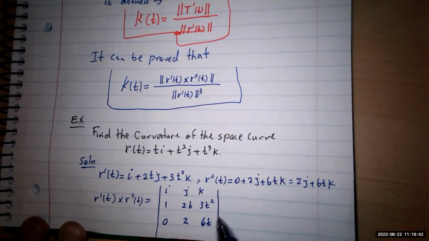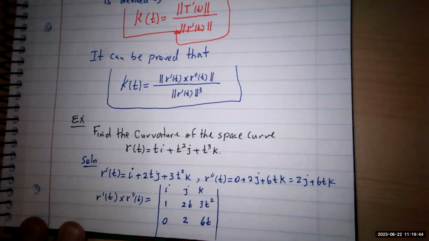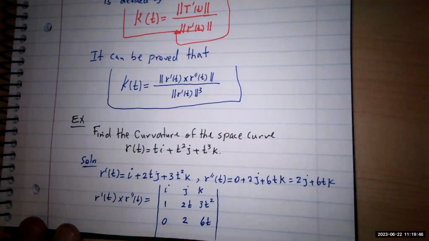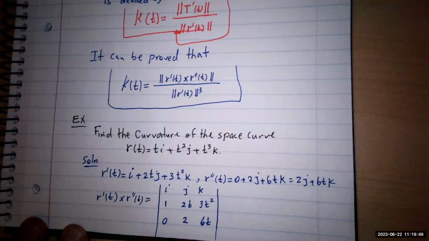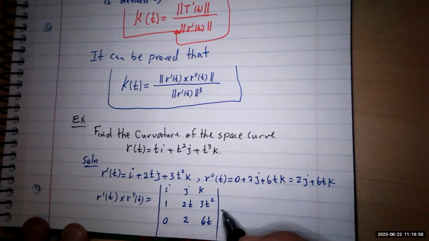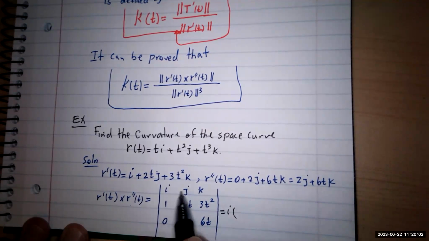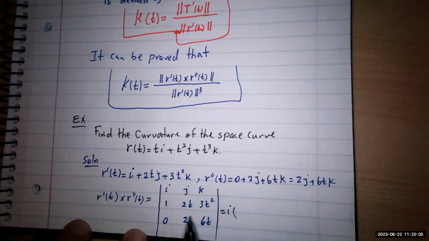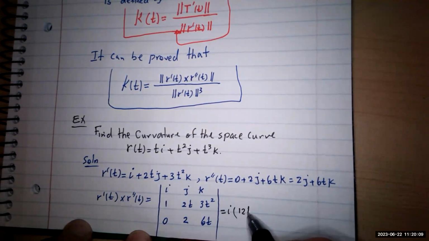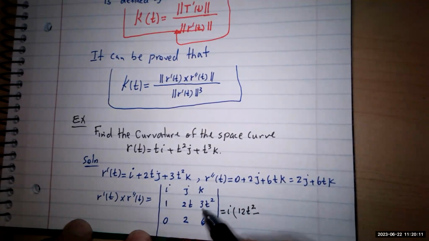So you have to find this determinant and then get the norm. Remember, distribute from the first row. So this is going to be equal to i times, across the first row and first column, cross multiply: 2t times 6t gives you 12t squared, minus 6t squared.